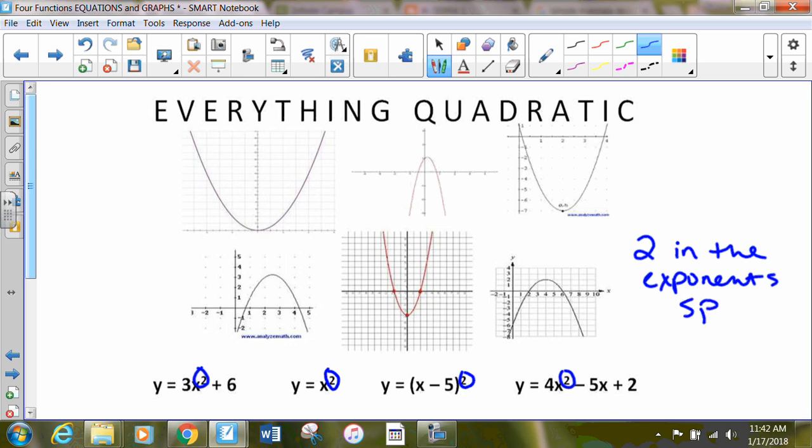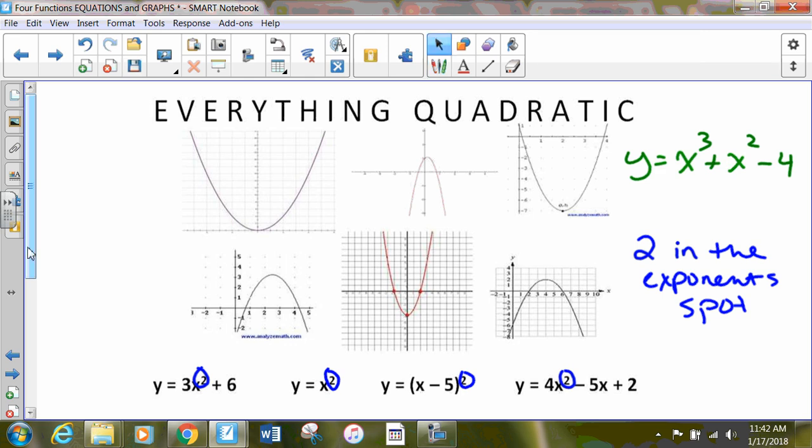Now what if you see something like this: y equals x cubed plus x squared minus 4. And you're like, wait a second, Miss Overby, is that a quadratic? Because it has a 2 in the exponent spot? Well, it's not. So we have to come back to our rule and add a little more to it.